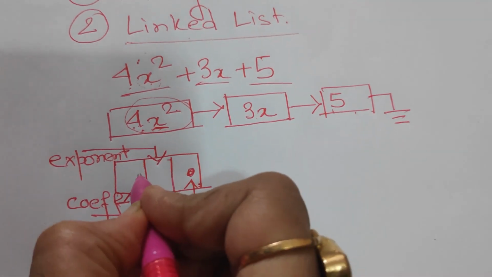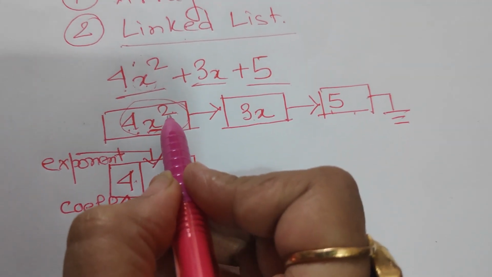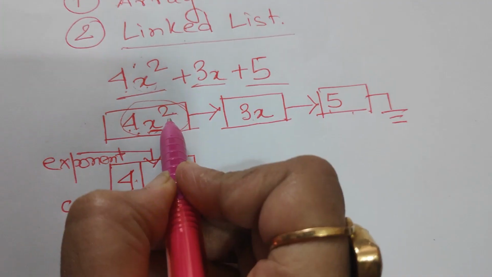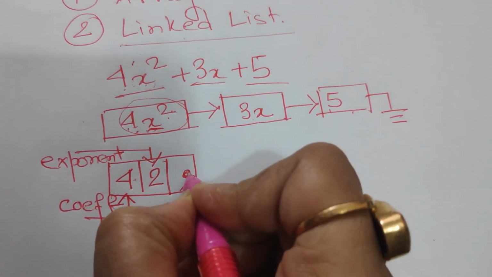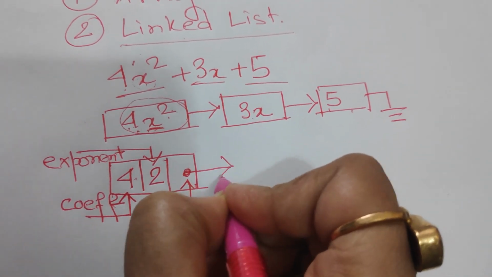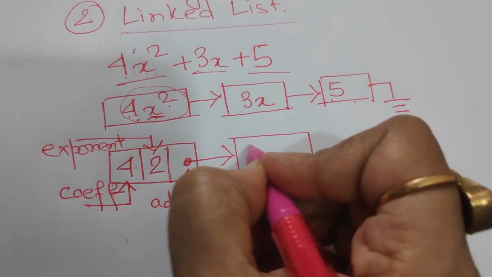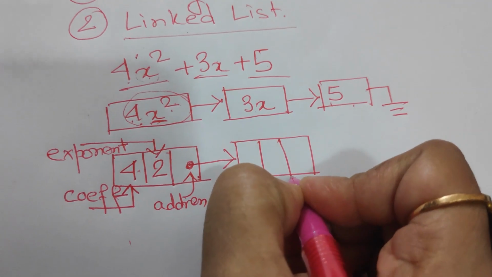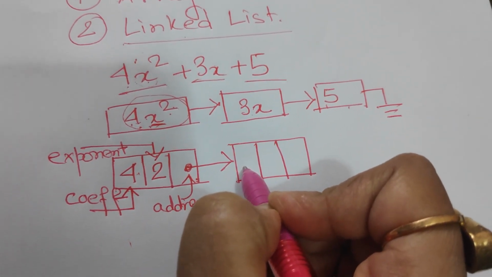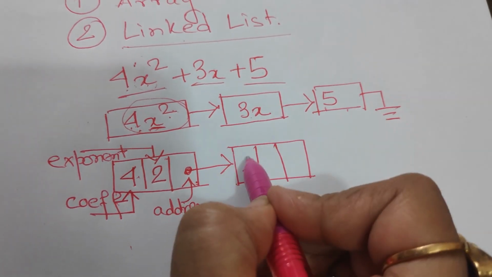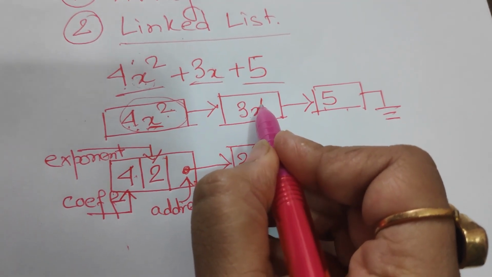So, which is the coefficient of this term? 4. So, 4 will be represented over here. What is the exponent part? 2. So, 2 will be stored over here. Now, this will point at the next node. The next node will also contain 3 parts. This part will store the coefficient of this term, that is 3. Exponent is 1 over here.